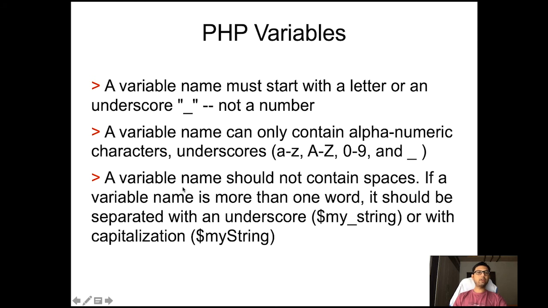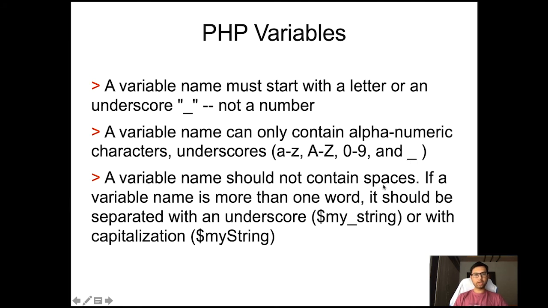So what kind of variable naming can we give to PHP variables? PHP variables can start with a letter or an underscore character. We can give any alphanumeric character and underscore, A to Z small and capital, and 0 to 9 digits, but the variable name must start with a letter or underscore character.